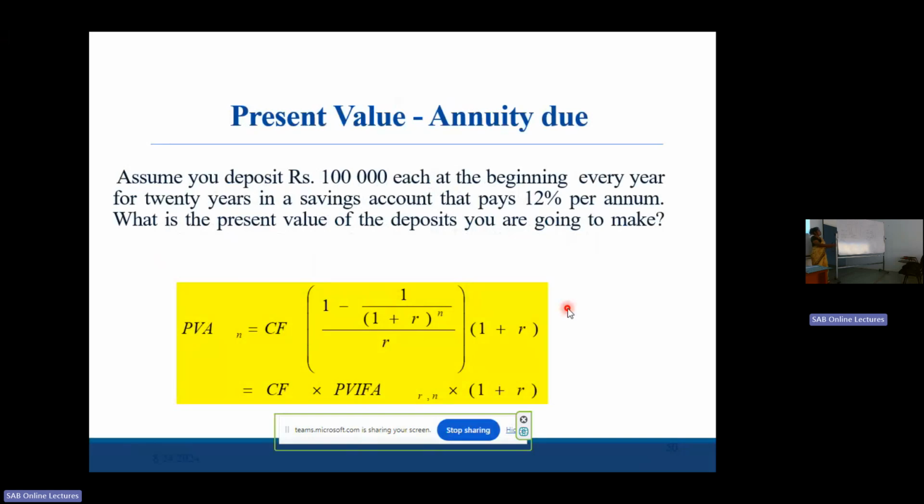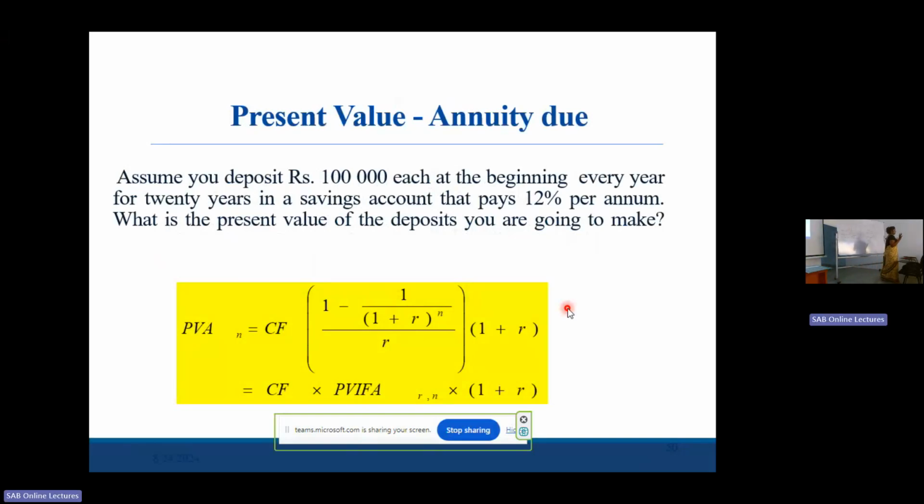If we take the normal ordinary annuity factor, everything is discounted one extra time, so the factor is built with extra discounting. To correct the extra discounting, you multiply this ordinary annuity factor by 1+r. The process here is discounting, and being discounted more means the factor 1/(1+r) has become smaller. To increase what has been reduced, we multiply the normal ordinary annuity factor by 1+r. That is the reason. Different reasons, but you have to do the same thing. It comes to the same thing, but with two different reasons.